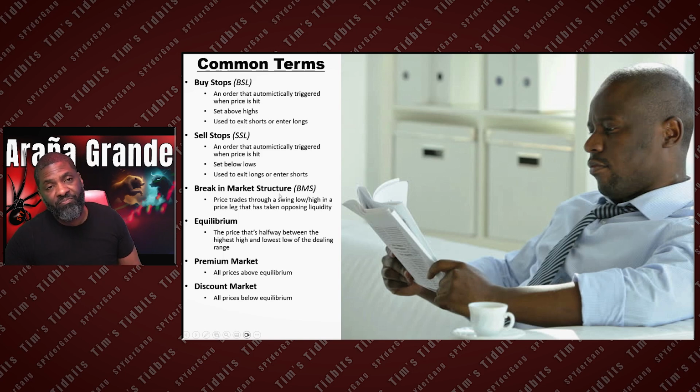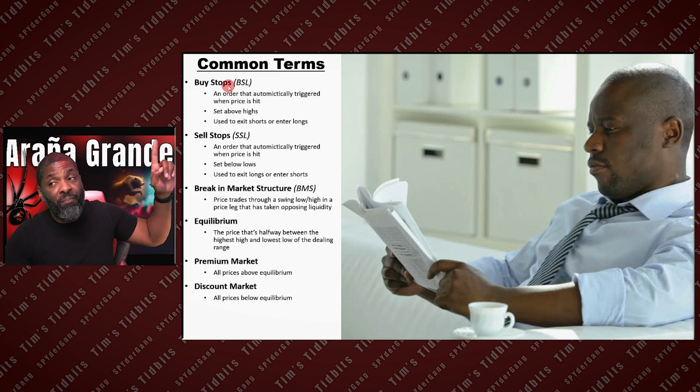Breaking market structure. Some people call it a market structure shift. I call it a breaking market structure. BMS. You'll see BMS typed out a lot because breaking market structure is a whole lot of words to type, right? Price trades through a swing low or high, because you can have a bullish and a bearish breaking market structure, in a price leg that has taken opposing liquidity.